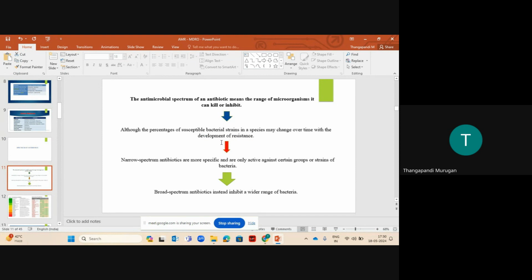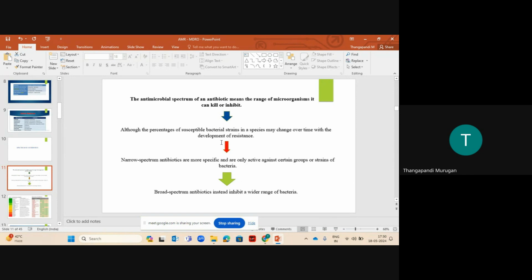I'm coming to the topic that the antimicrobial spectrum of an antibiotic means the range of microorganisms it can kill or inhibit. By spectrum of action, we divide antimicrobials into 2 main categories: broad spectrum and narrow spectrum. Narrow spectrum doesn't mean narrow therapeutic index.